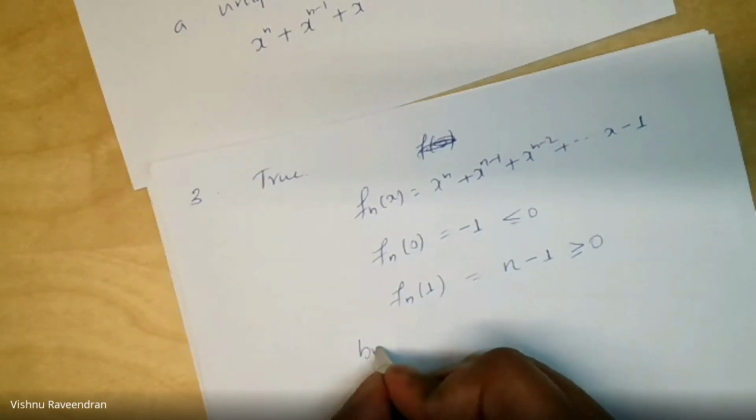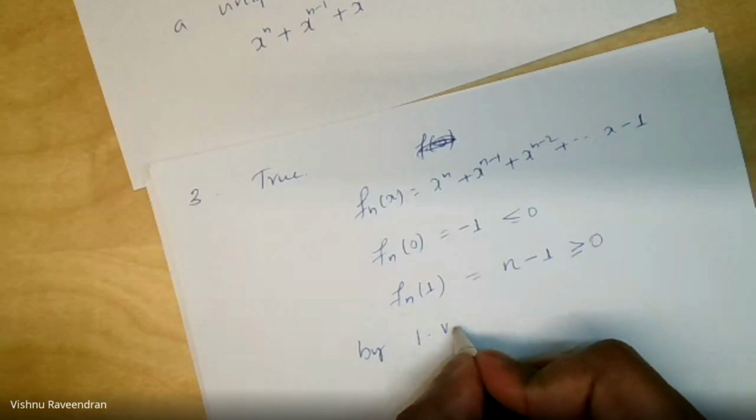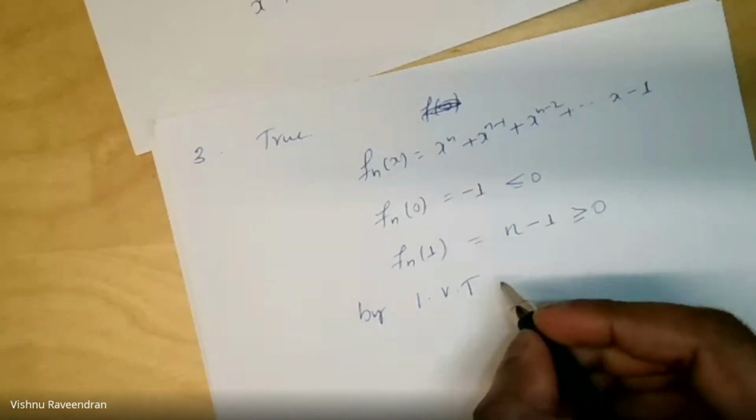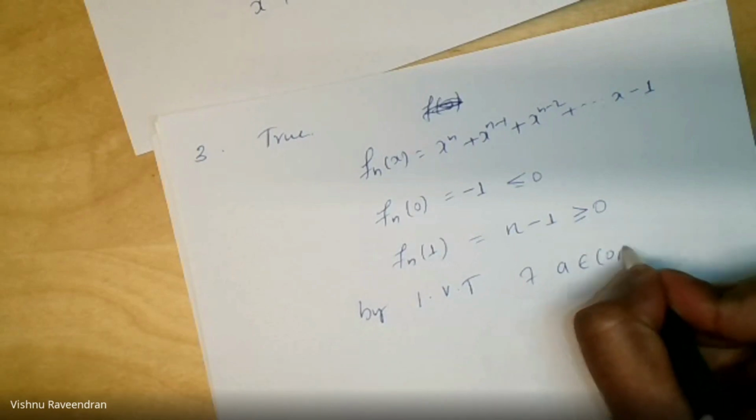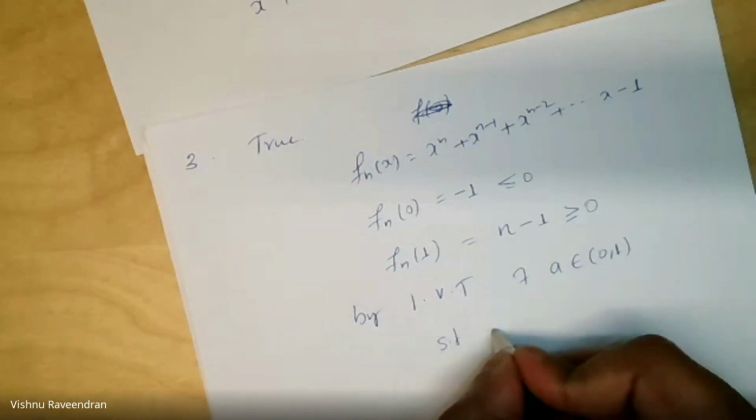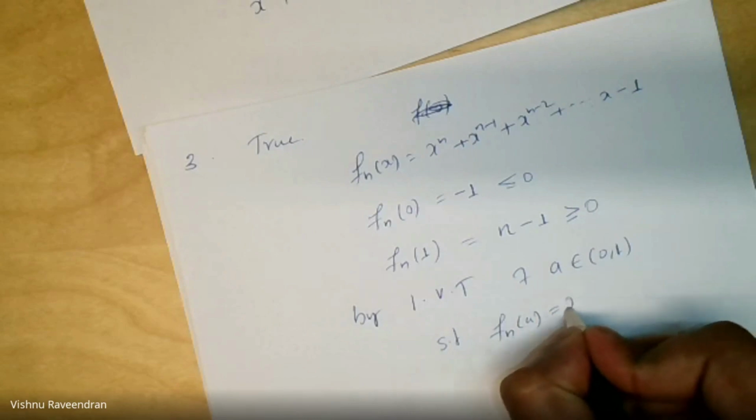So by the intermediate value theorem, there exists a number a between 0 and 1 such that fn of a is equal to 0.